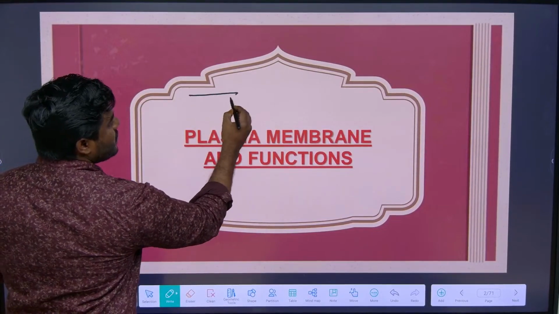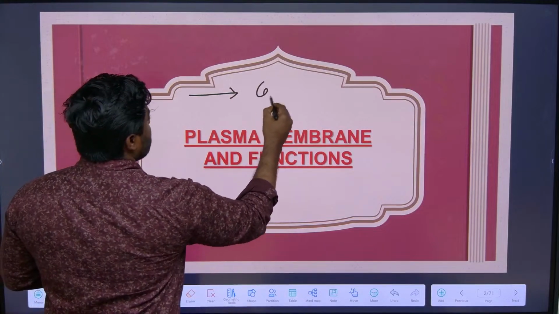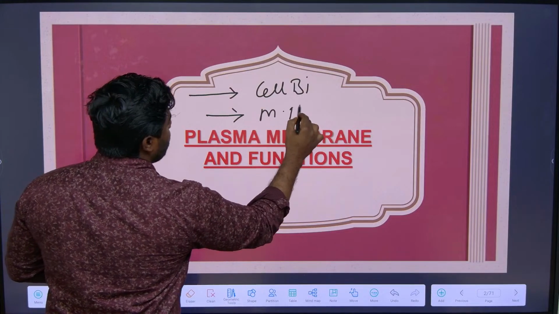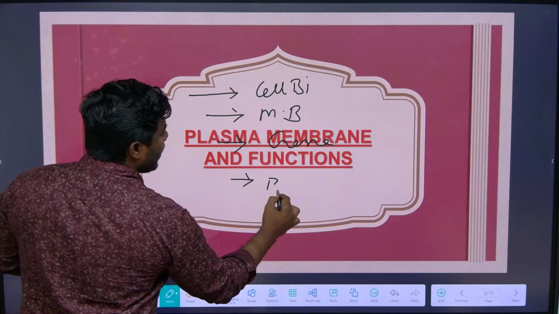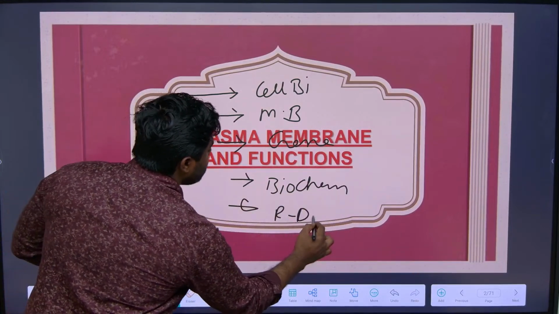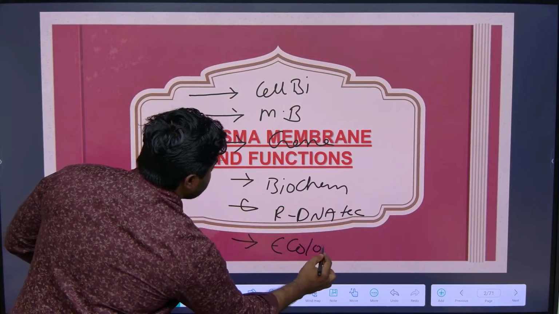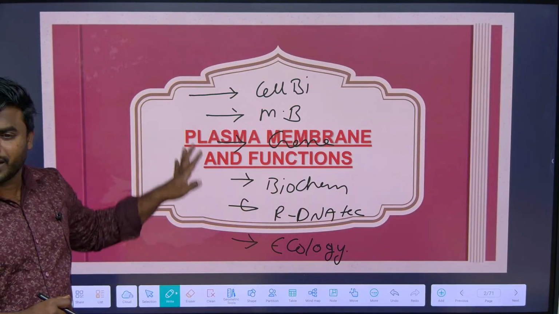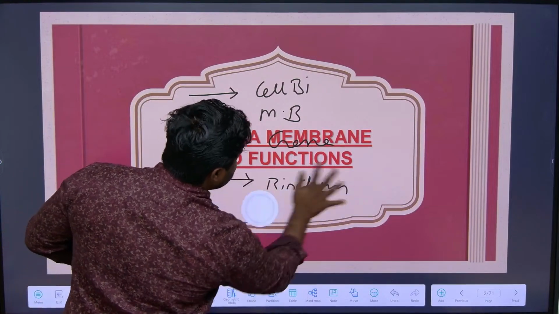The syllabus common to both botany and zoology has a few chapters: cell biology, molecular biology, genetics, biochem, rDNA technology, ecology. These are the topics which are completely common to botany and zoology.